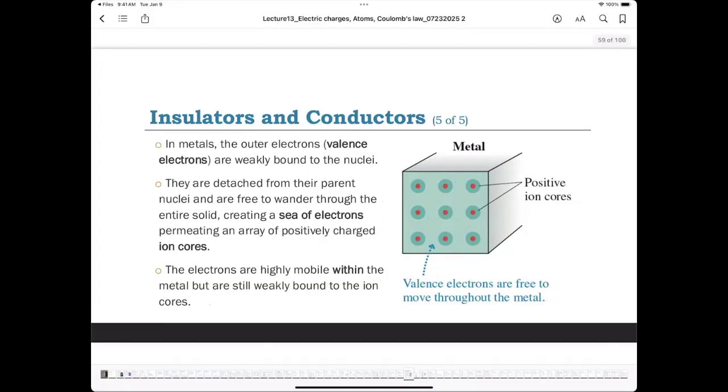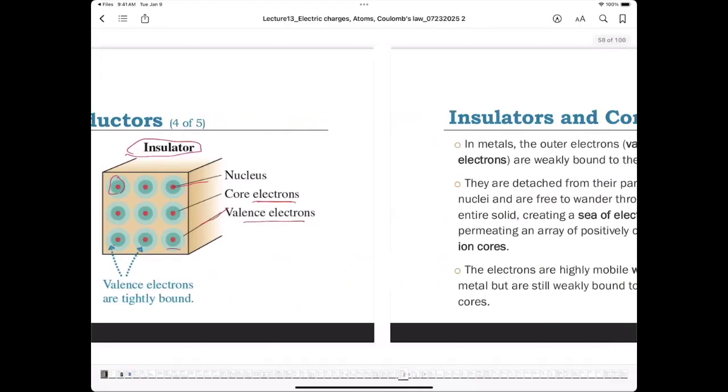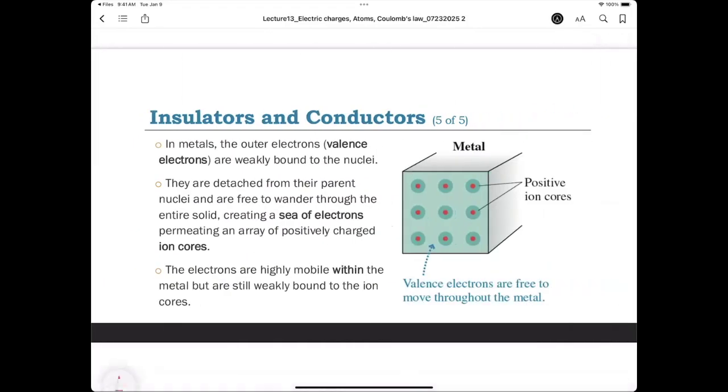The outer valence electrons are weakly bound to the nucleus, and they are detached from their parent nucleus and are free to wander through the entire solid, creating a sea of electrons permitting an array of positively charged ion cores.